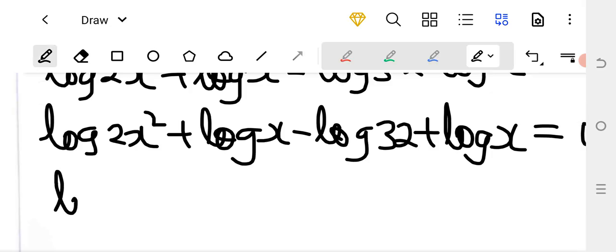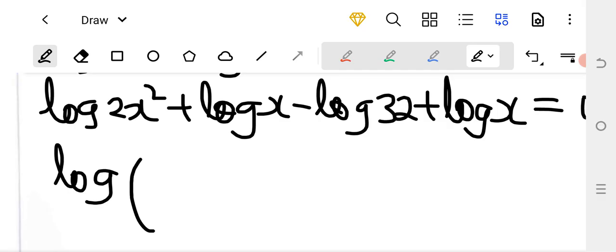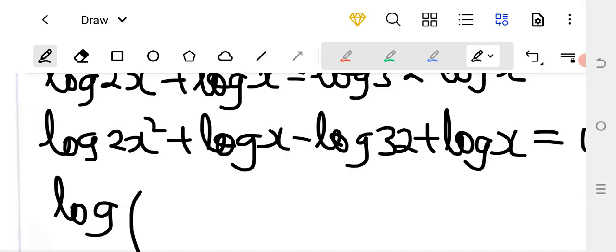To continue, you start using log properties. So we are going to say log, and then we open a bracket like that. Wherever you can see a positive sign in front of the log, you're going to multiply the logs.